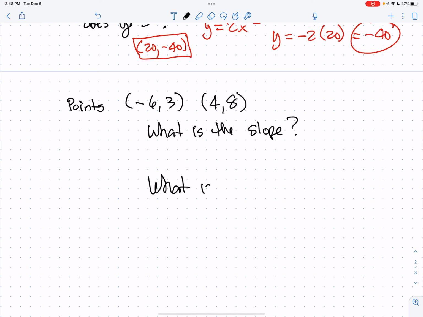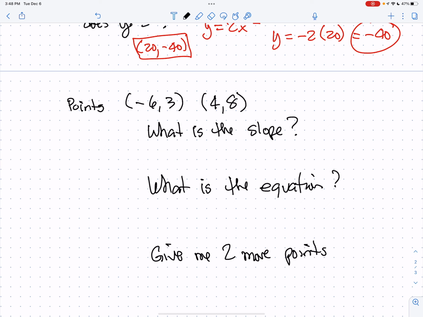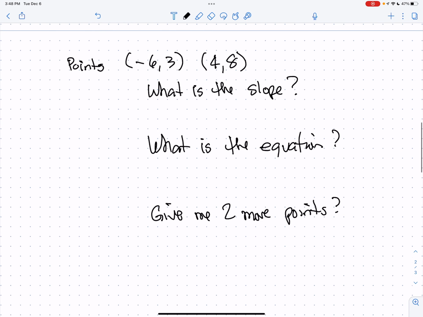What is the equation? And give me 2 more points. Okay, so pause this and try to answer those 3 questions.